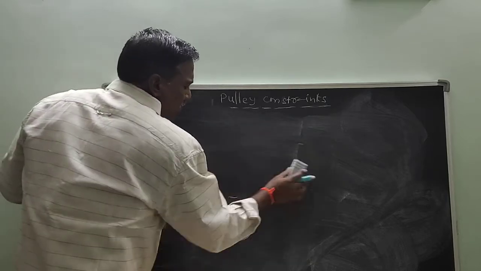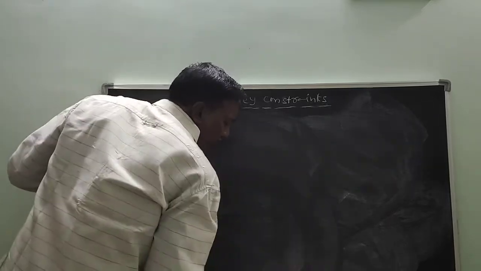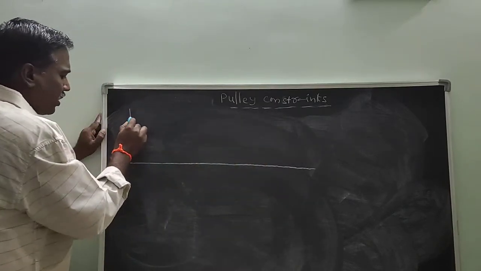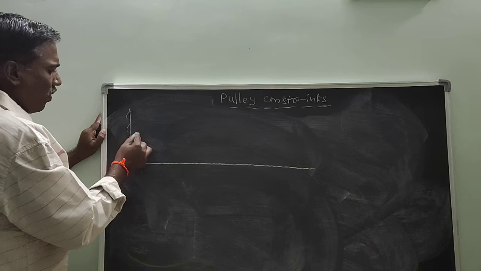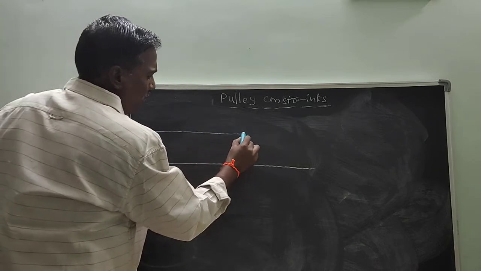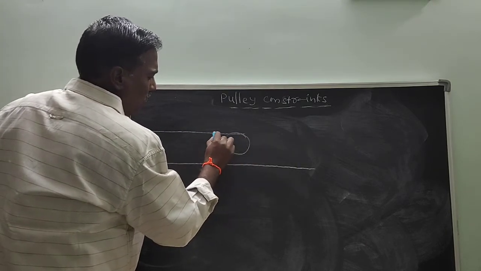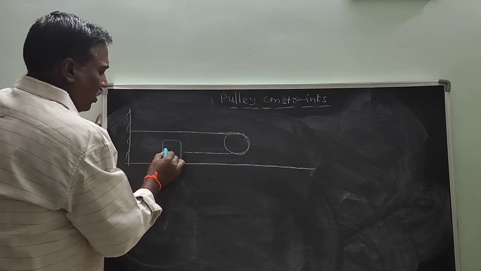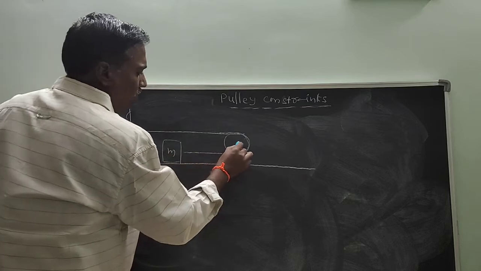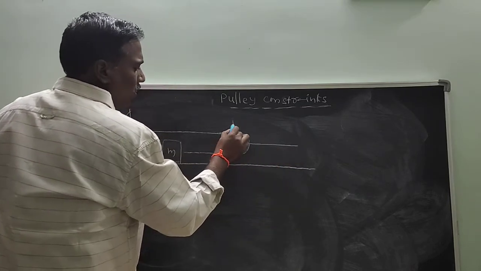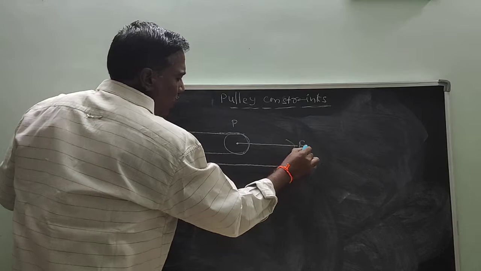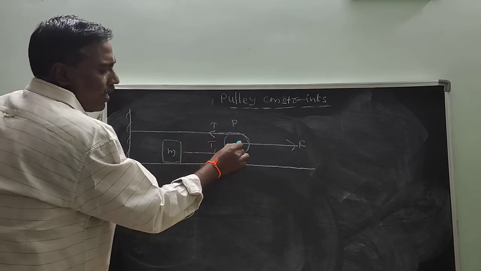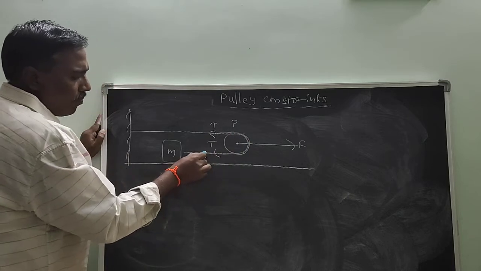How to use this principle? Again, the initial problem is this block of mass m, a pulley, force F is applied, and here the tension is T. If the pulley is ideal, tension on both sides is the same.